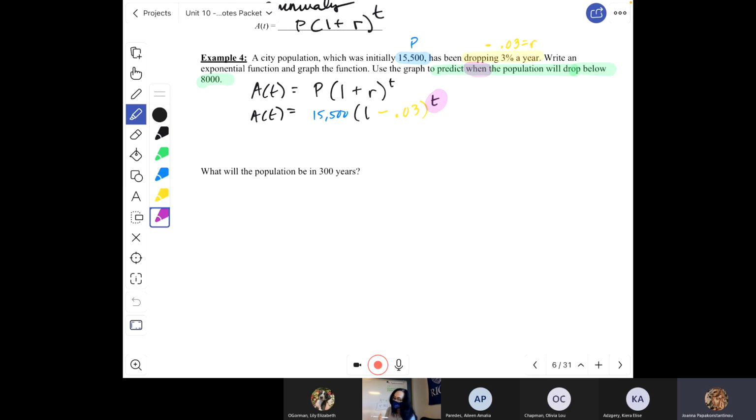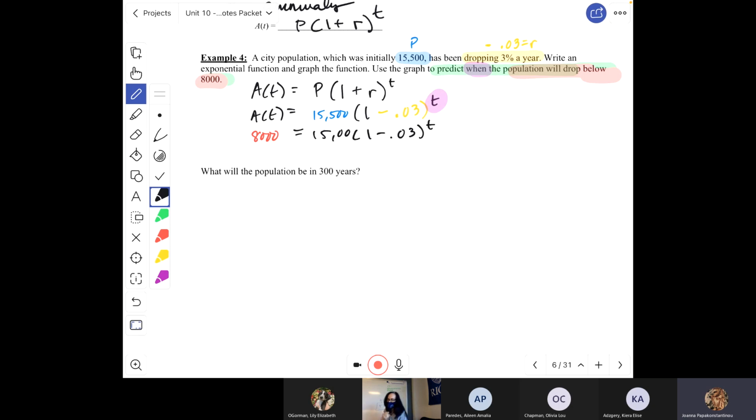And so what am I looking for? I'm looking for when the population is 8,000. So where is that represented? Yes. So I want to know when the population will be below. So when this is below 8,000. So it'd be nice to know when it is 8,000 because any time after that, it will be below it.